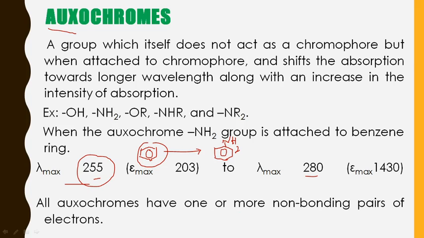So here you have a non-bonding electron containing atom. All the heteroatoms generally contain non-bonding electrons. So this is about auxochromes.